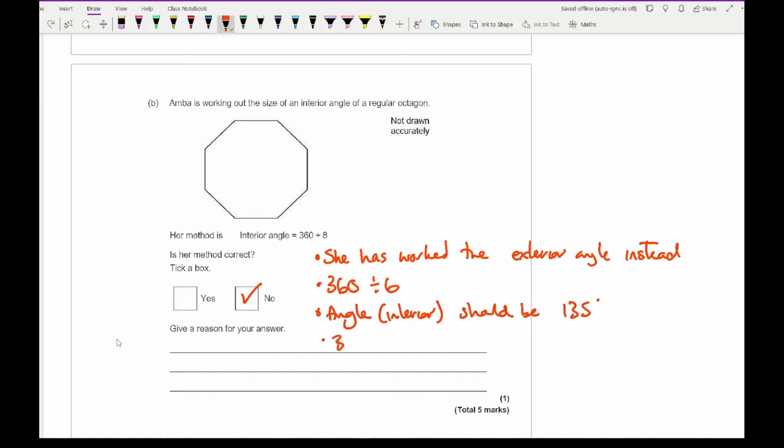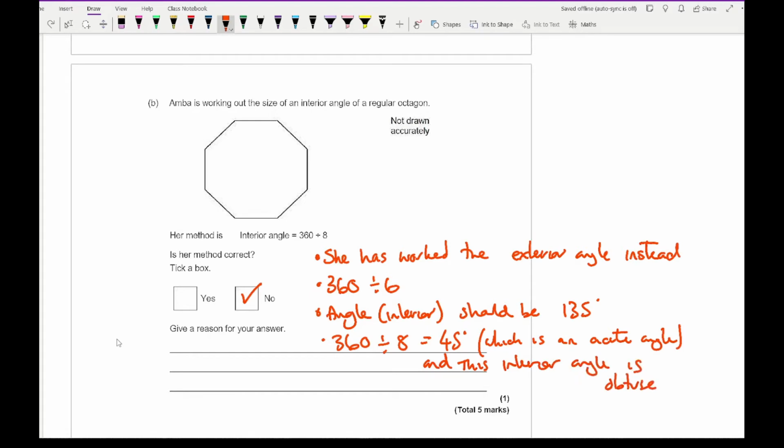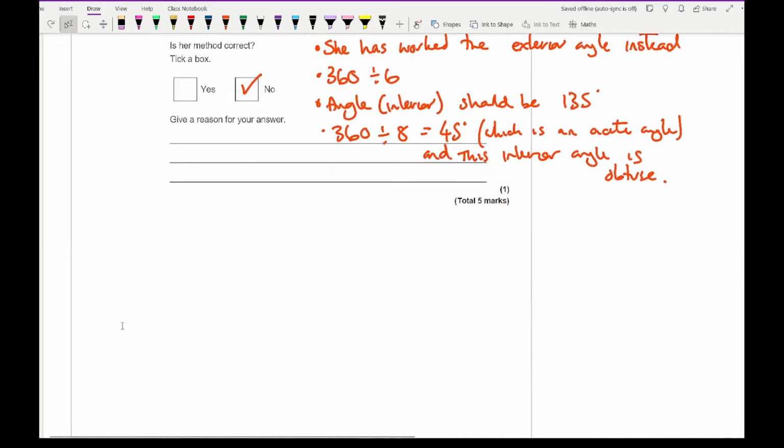Also, 360 divided by 8 is 45, I think. Let me just double check on that. 360 divided by 8 is 45, yeah. And 45 is an acute angle, whereas clearly this interior angle is obtuse. So again, several reasons which you could give to get that 1 mark.